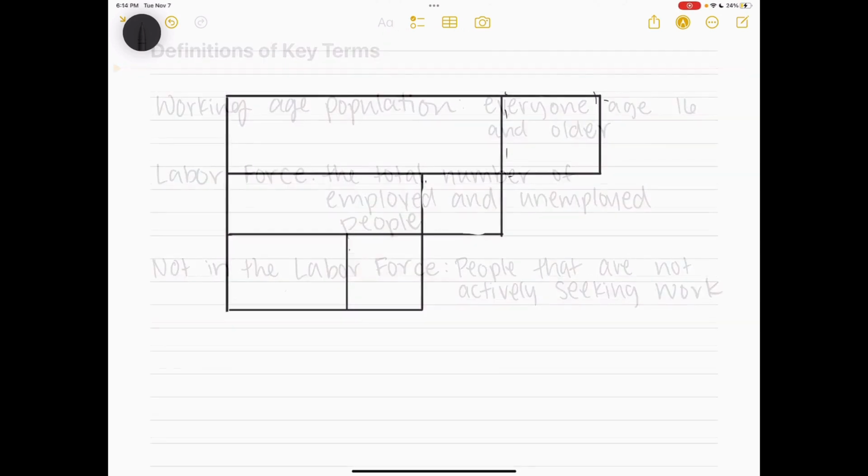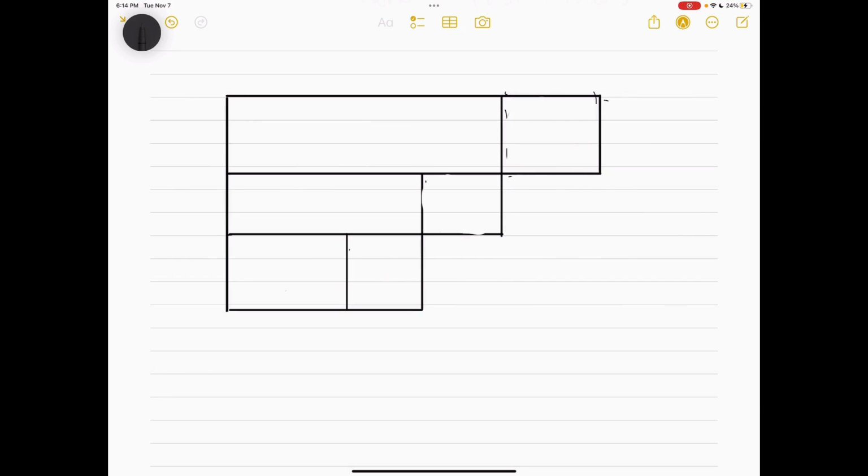Okay, so this chart that we're going to fill out now is an easy tool to help you remember how each of the terms we just defined fits in with one another. So this first section is going to be working age population.